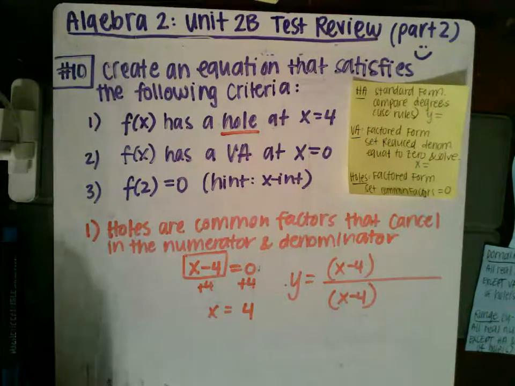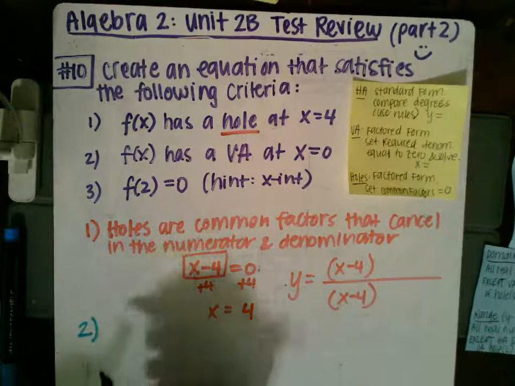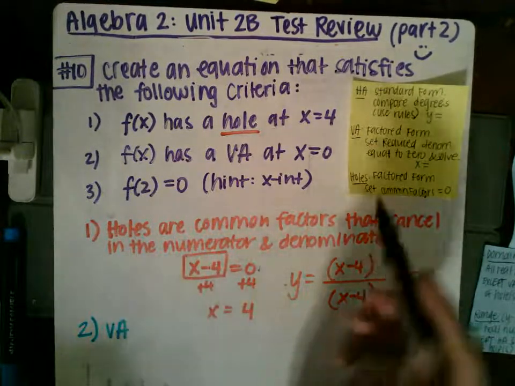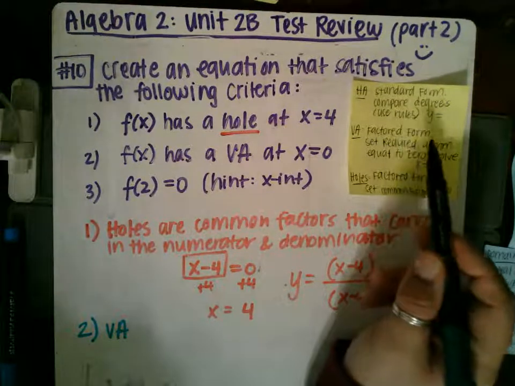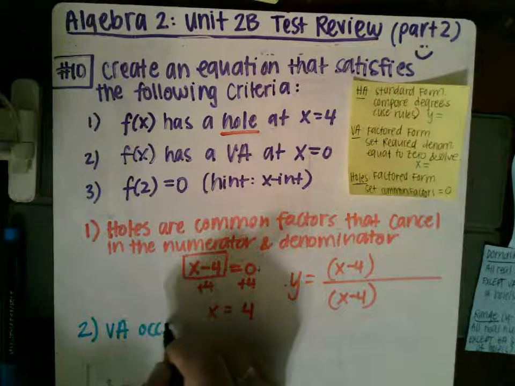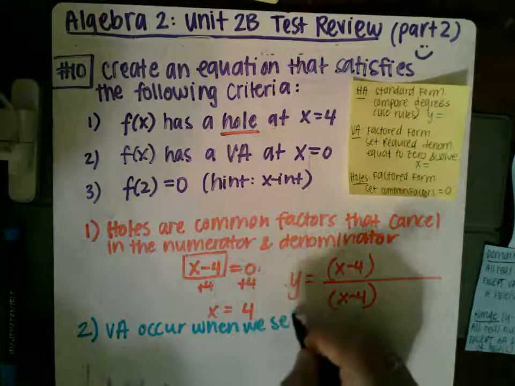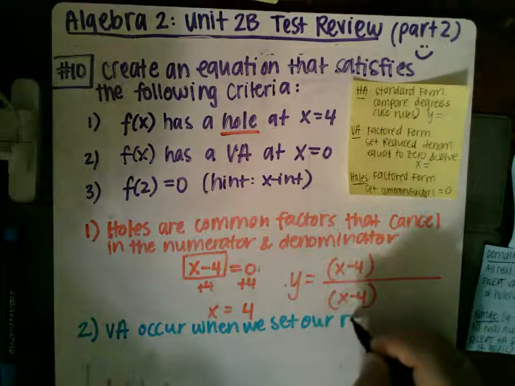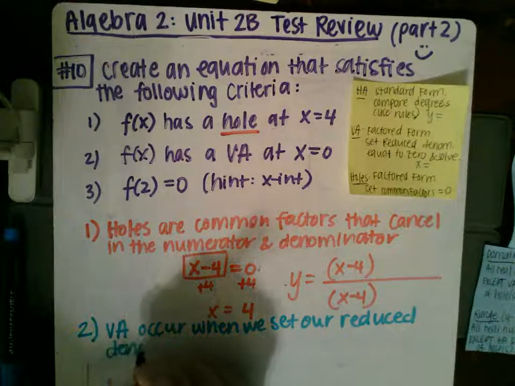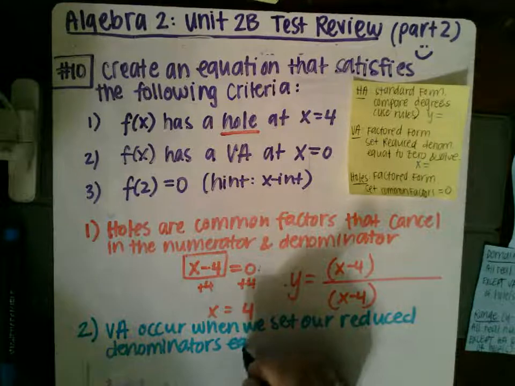Question 2 says it has a vertical asymptote at x equals 0. And we know to solve for vertical asymptotes, it's also in factored form. Vertical asymptotes occur when we set our reduced denominator equal to 0.